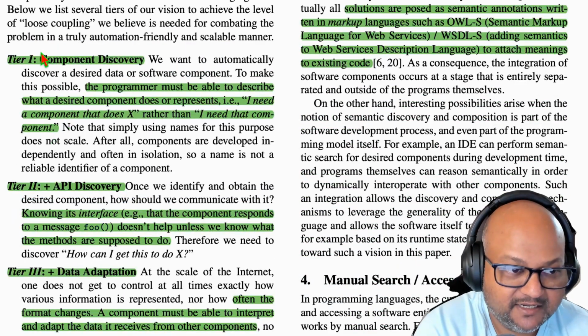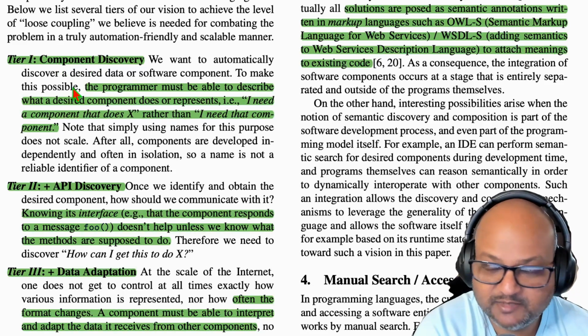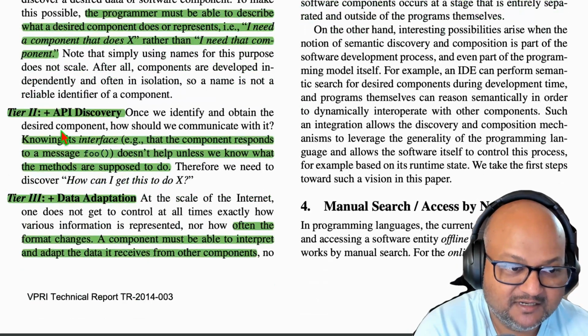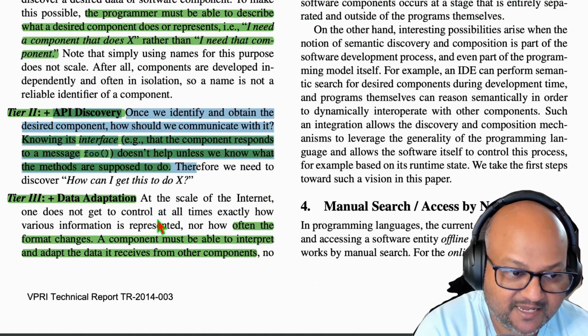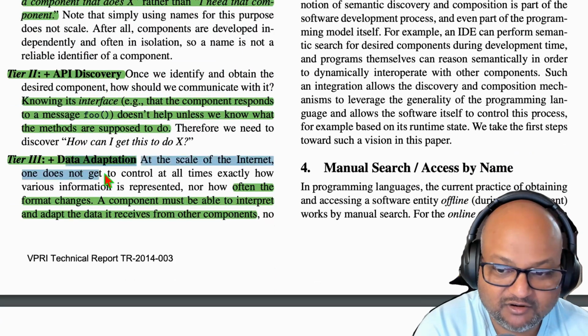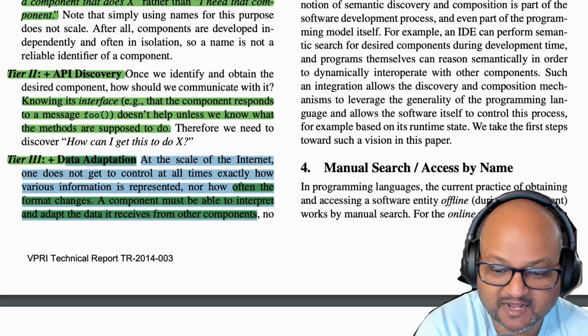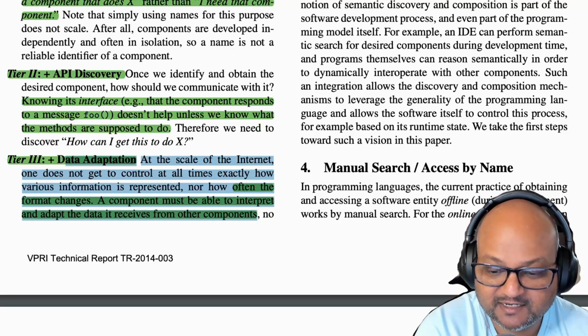The vision is to have component discovery by meaning or by description. As they say, I should be able to find components by their functionality rather than by name, and then find the specific API, and then also be able to adapt the parameters and return values of that API.